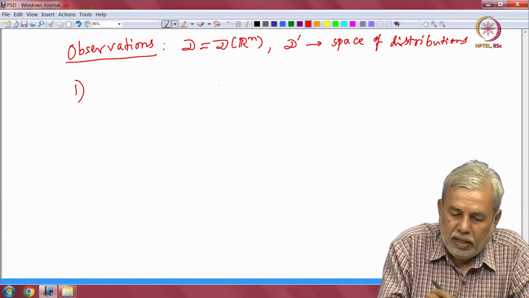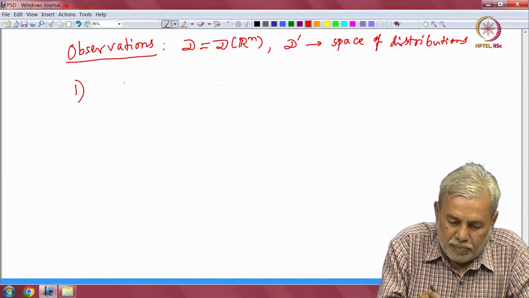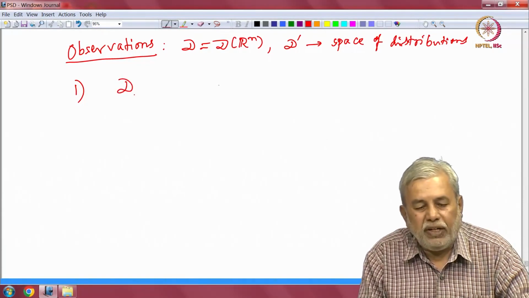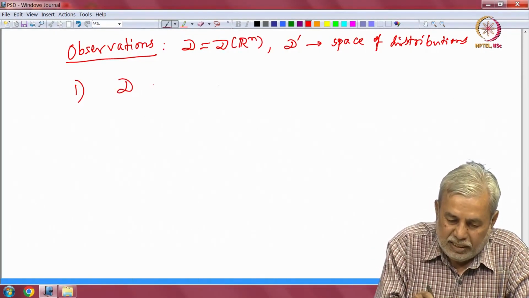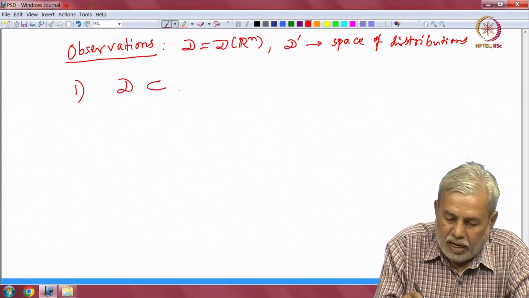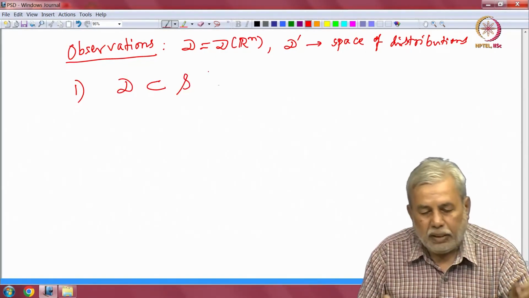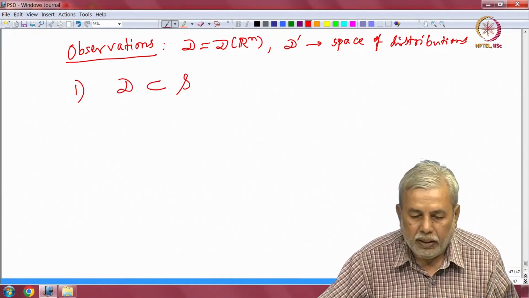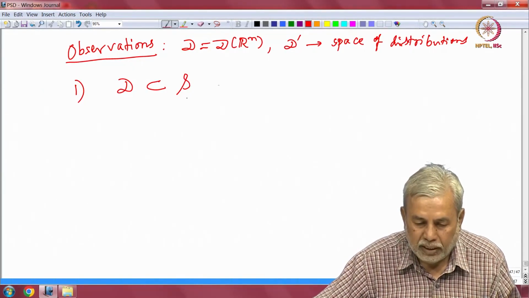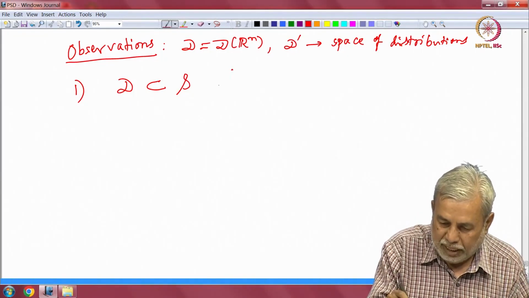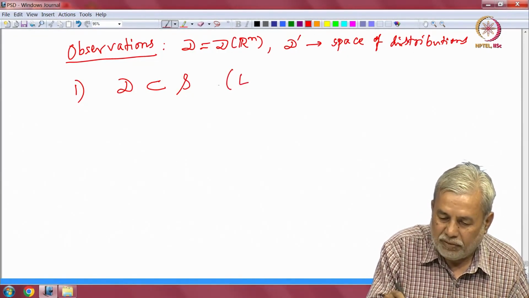The first observation: D consists of all C infinity functions with compact support, whereas S consists only of C infinity functions with some properties.